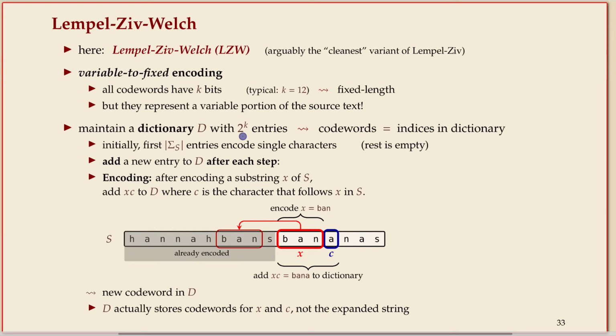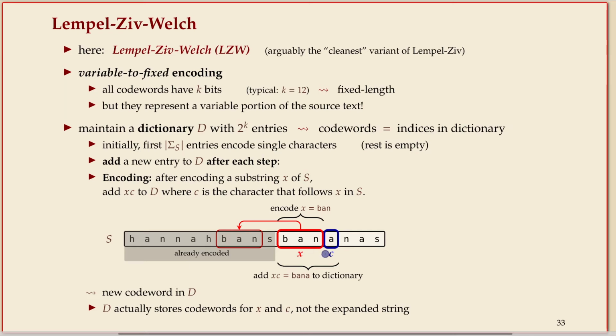So it's the indices in that dictionary. We always fill the first positions in the dictionary initially with the single symbols from the alphabet. We need that to get started. And then whenever we encode one portion of the text, we add something new to the dictionary. Let me explain that in the picture. So we store something new.